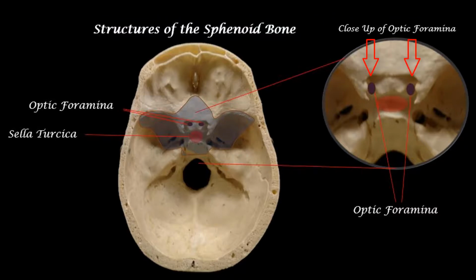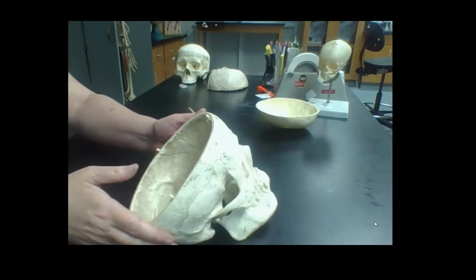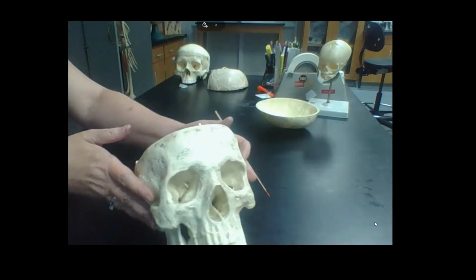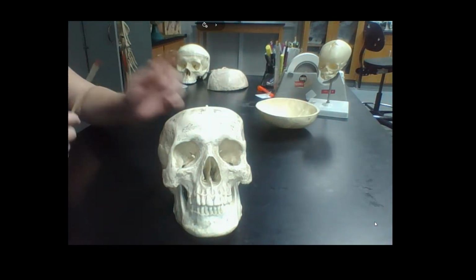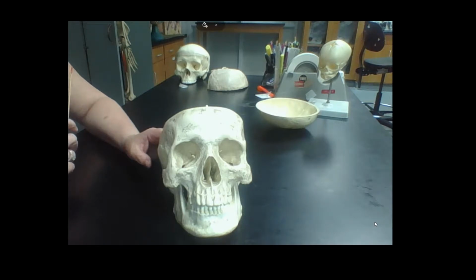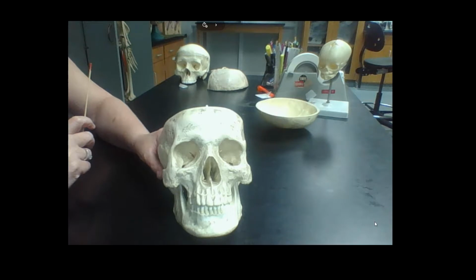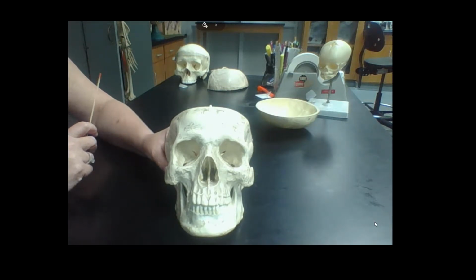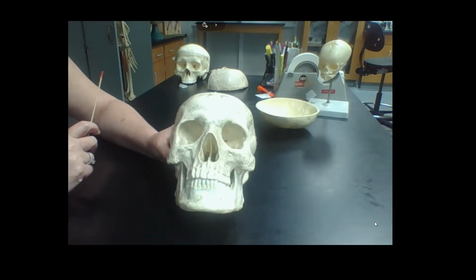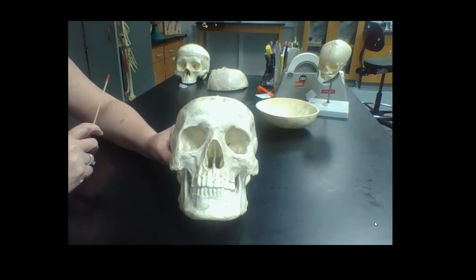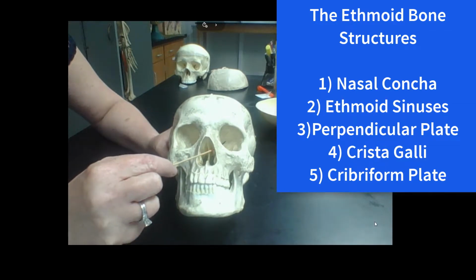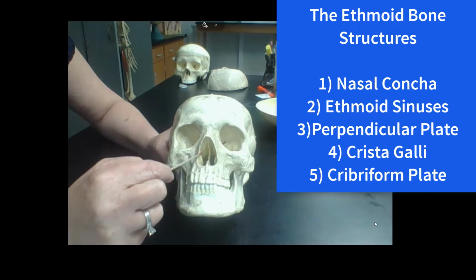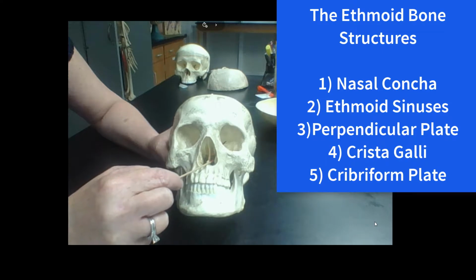Okay. Next, let's go ahead and look at the ethmoid bone. The ethmoid bone has a lot of wonderful features from a few different viewpoints. So we're going to start with the viewpoint where we're just looking up the nasal region here of our skeleton. All of these structures that we see here inside of the nose are all part of the ethmoid bone.